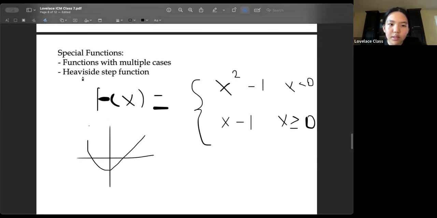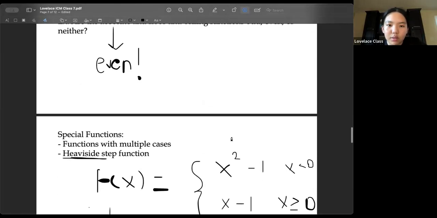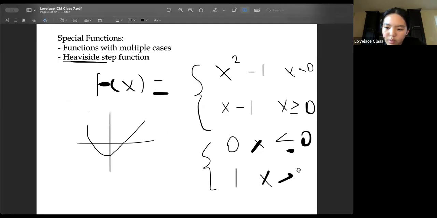Right, so one thing to touch upon, the Heaviside step function. That's kind of similar to, well, actually no, it's not. The Heaviside function is defined as 0 for x less than or equal to 0 and 1 for x greater than 0.